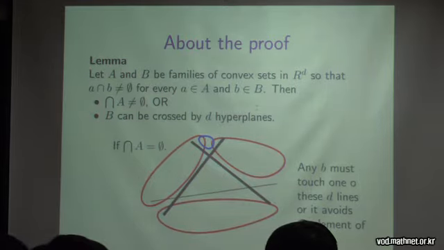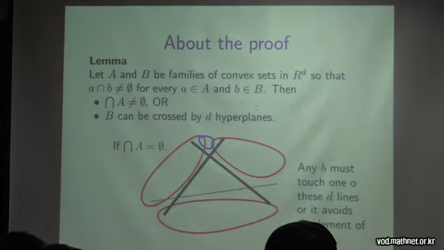So these d hyperplanes were enough to intersect all of the elements of B. So this is kind of like a mini version of our main theorem. But now you only have two colors, and you're going all the way down to hyperplanes instead of looking for lines, planes, etc. And this is the first step of the proof.